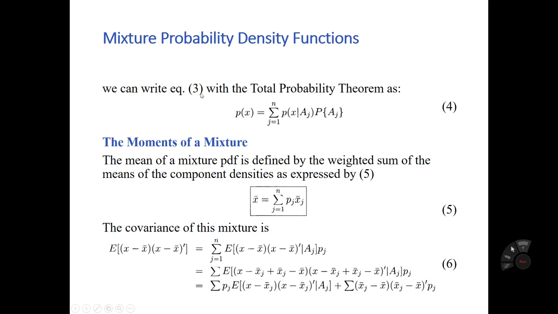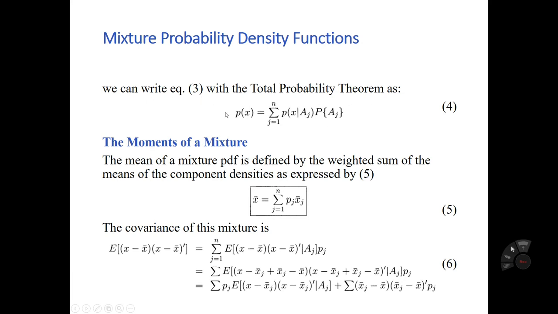We can write equation 3 with the total probability theorem. The total probability theorem states that the conditional probability of the random variable x, conditioned on an event A, multiplied by the probability of the event A, summed over the events, gives the probability.